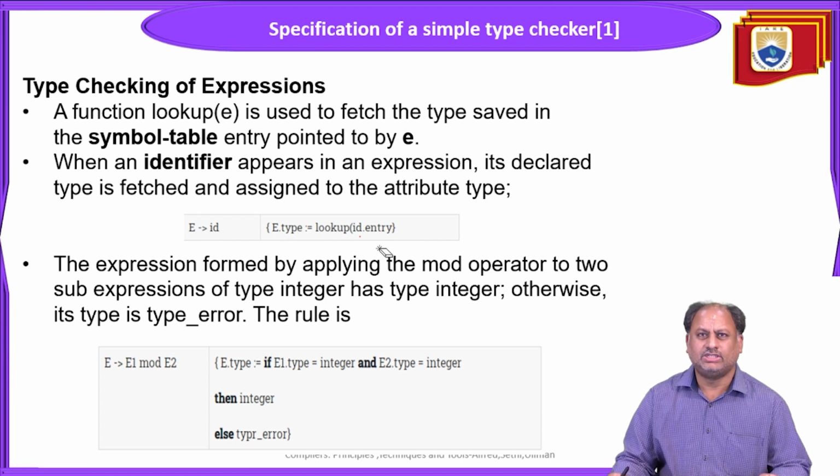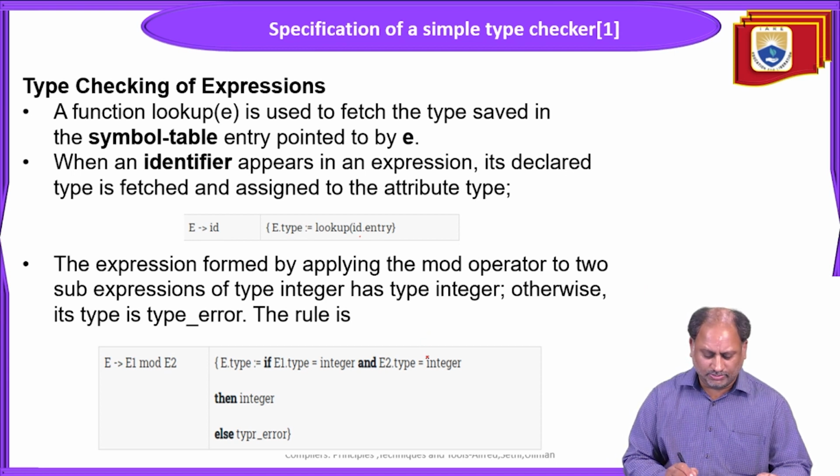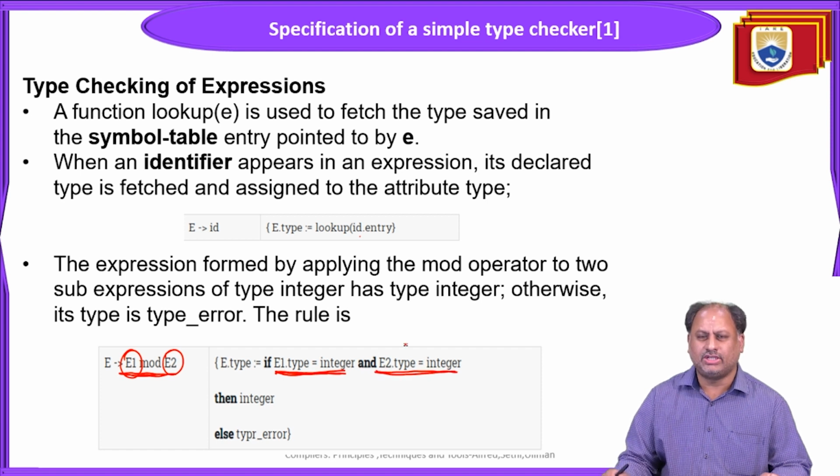Whereas the mod operator can also be applied with the expression E1 mod E2. How can the type checking be done for this? First the type of expression E1 is verified: E1.type is integer, and the expected type E2.type is also integer. If both are integer, then the left-hand side E.type is integer.